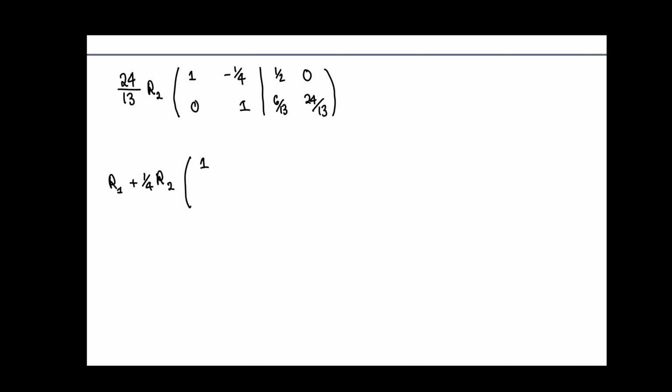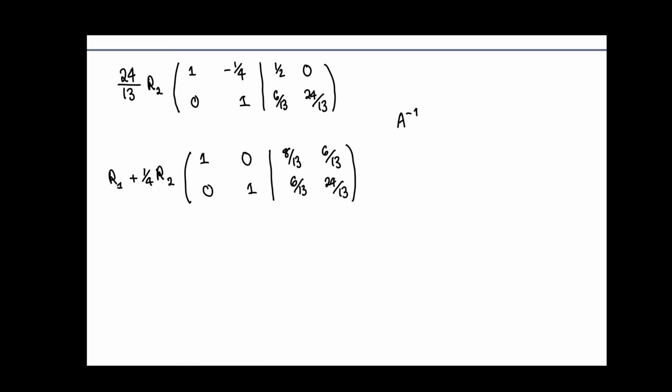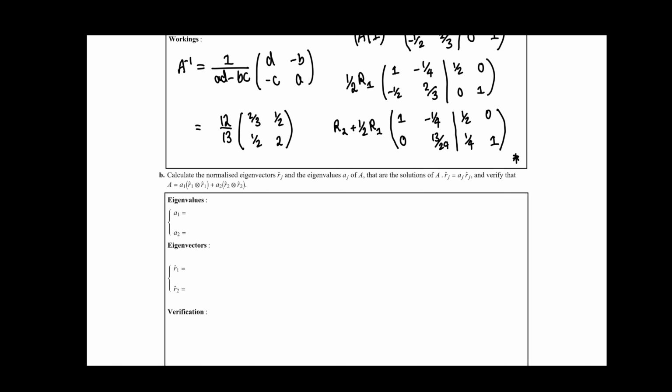So that gives us our identity matrix. And doing that to the other side, we get 8 over 13, 6 over 13, 6 over 13, 24 over 13. So our inverse matrix is 8 over 13, 6 over 13, 6 over 13, and 24 over 13, which is what we will get if we expand this out.